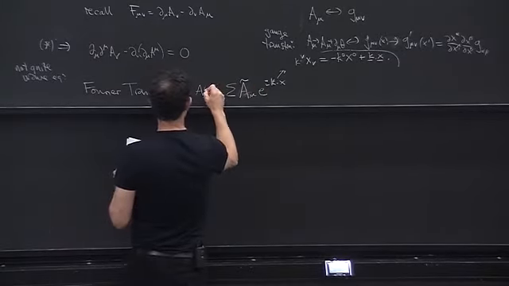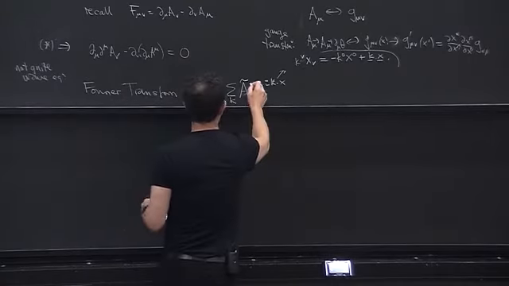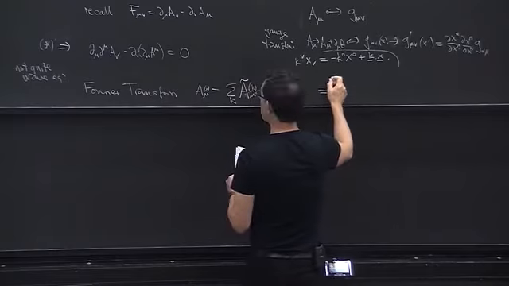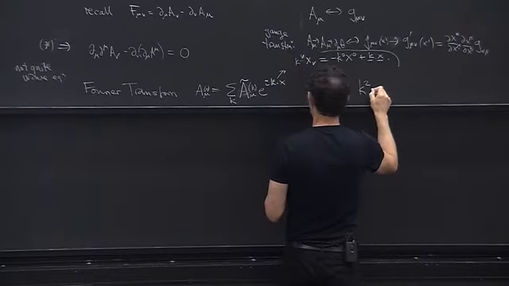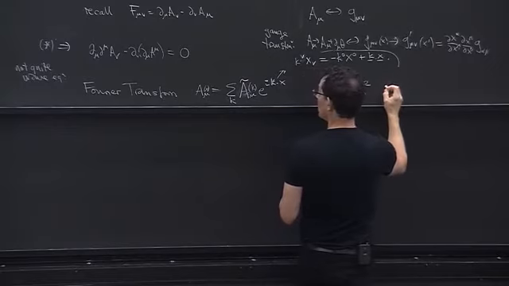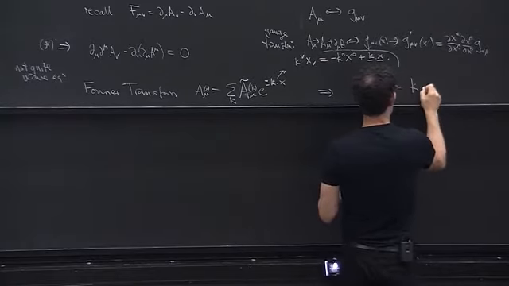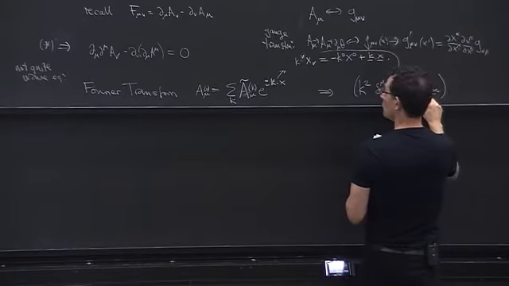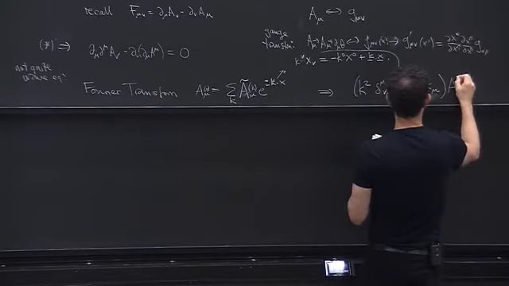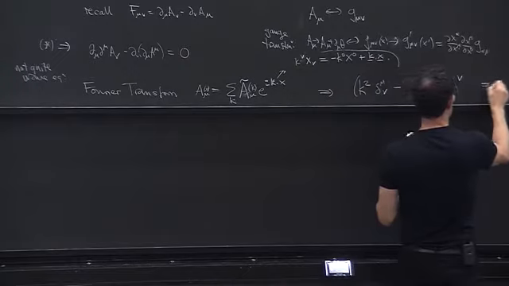So A mu of x is the sum over k of A mu twiddle of k, e to the i k dot x. And then we have k squared delta mu nu minus k nu k mu, acting on A twiddle nu, equals 0.